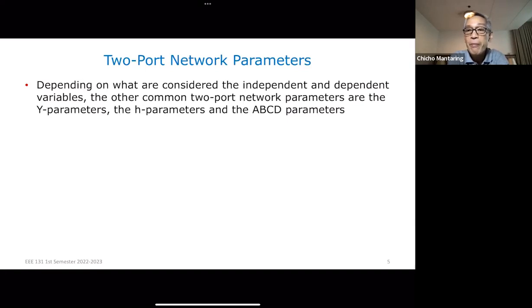So you have to have some familiarity with two-port networks. Any questions so far? If I'm going a little bit too fast, just signal me to slow down, or you can stop me anytime if you want me to expound further on anything that I just said.